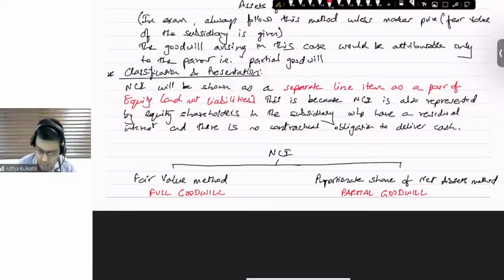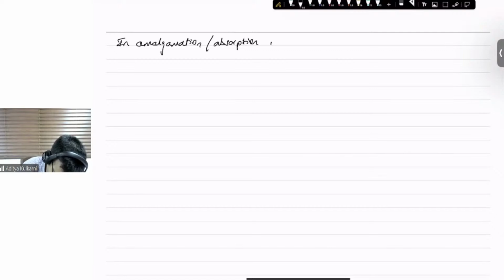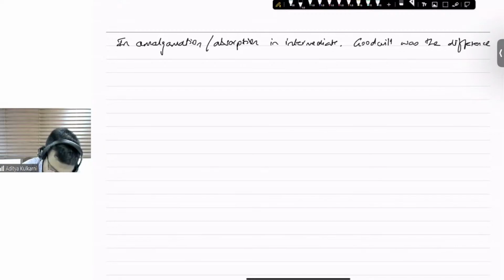I hope you've noted this part. It's basically a summary of what we have. In amalgamation or absorption in AS14, goodwill was the difference between PC and net assets.